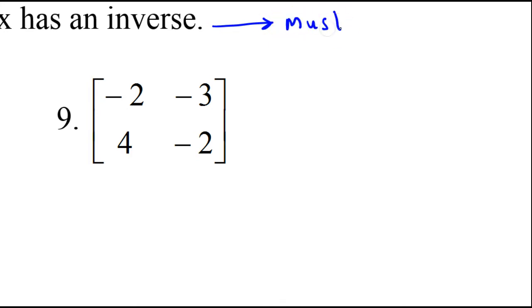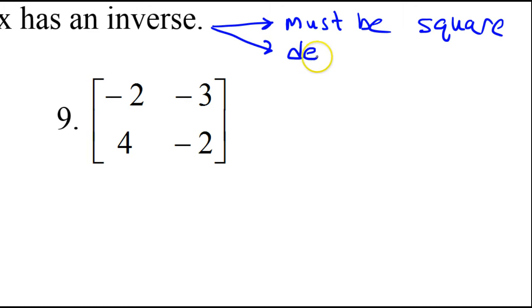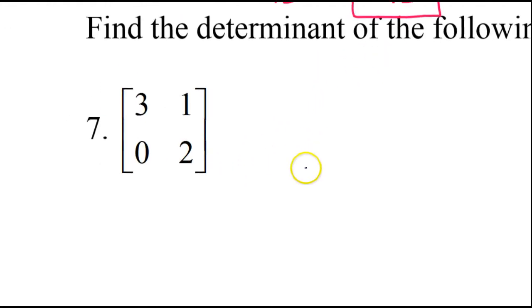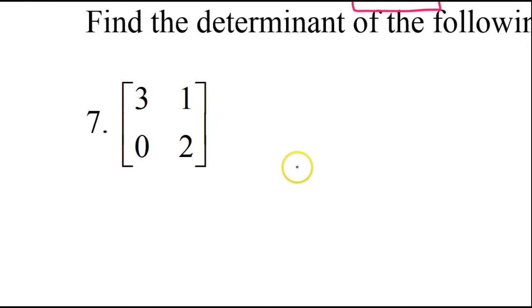Okay, must be square. And number 2, the determinant cannot equal 0. Alright, if it's going to have an inverse, it's got to be square, and the determinant cannot equal 0. So, look at number 7.